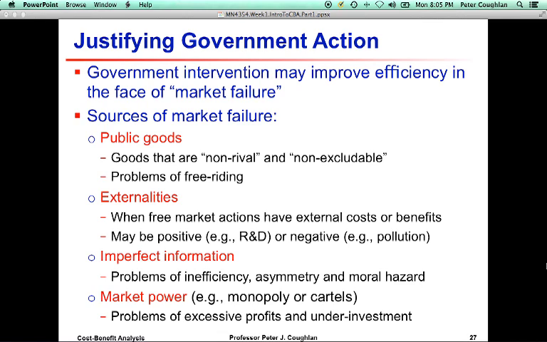Other examples of market failure include imperfect information, markets where there's asymmetry, for example, if it's hard to determine quality. Again, a classic example is the medical industry. The reason we have this asymmetric information is because we have a third-party payer system.